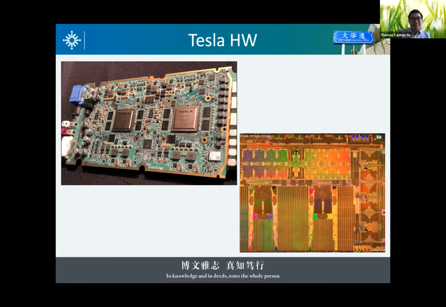As you can see, the board on your left hand is the Tesla onboard computer. If you have a Tesla car, you can easily find this kind of board. It's a computer inside your Tesla car.